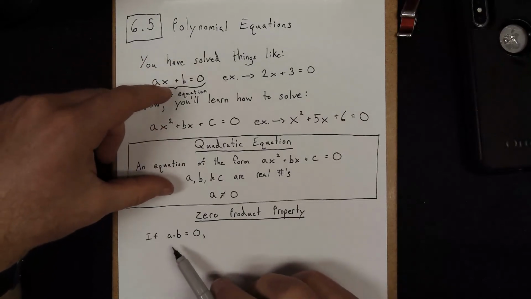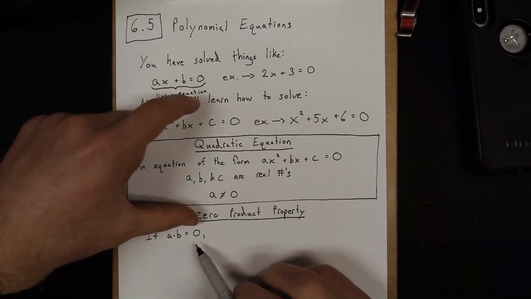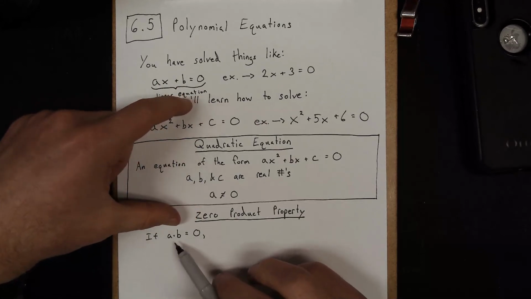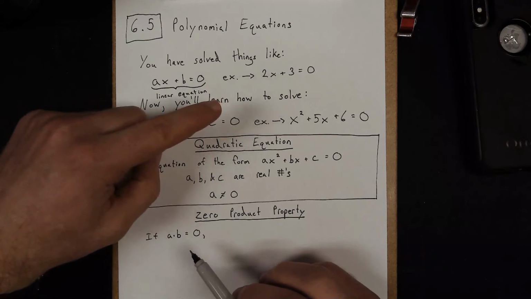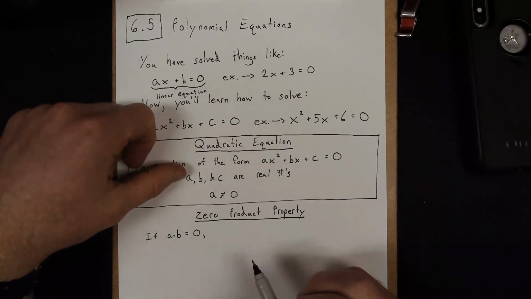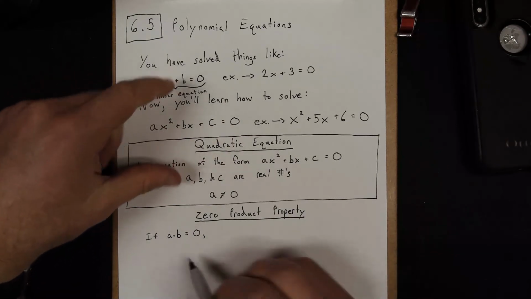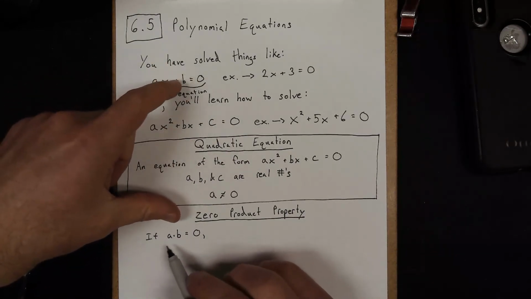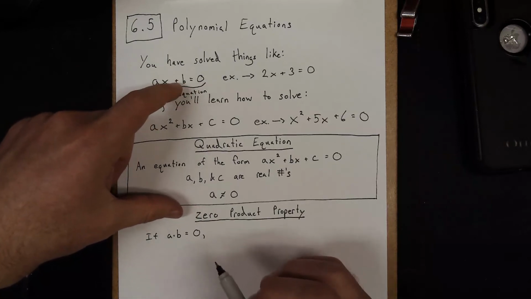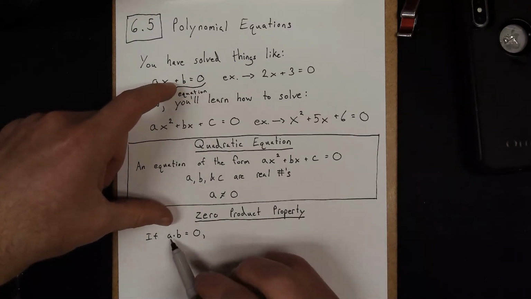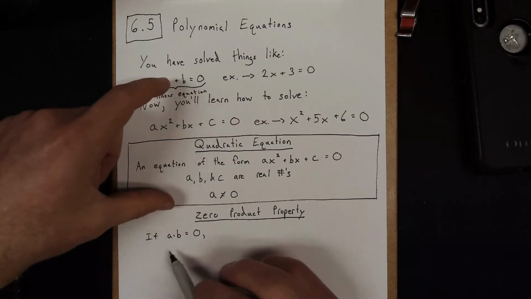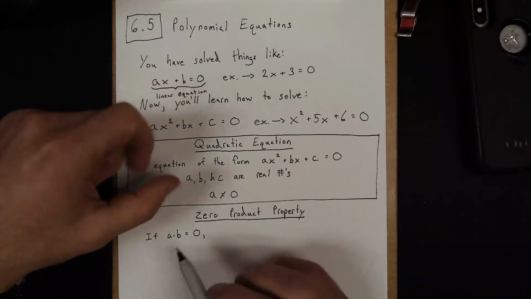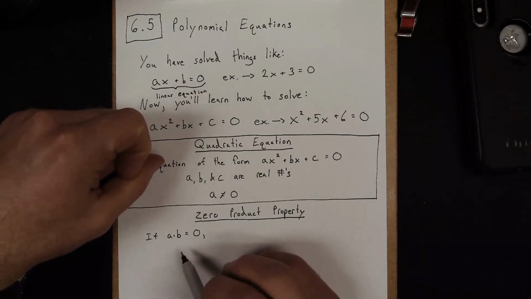If we know a times b equals 0, what do we know about a and b? Pause and think about that. I hope you paused. If a times b equals 0, then we know either a is equal to 0 or b is equal to 0. Both of them could also be 0, but we definitely know at least one of these needs to be 0.